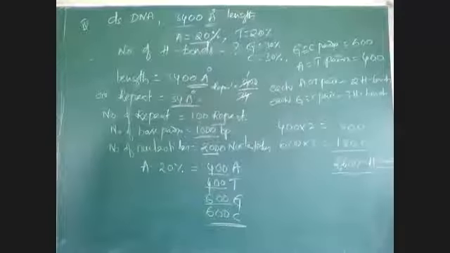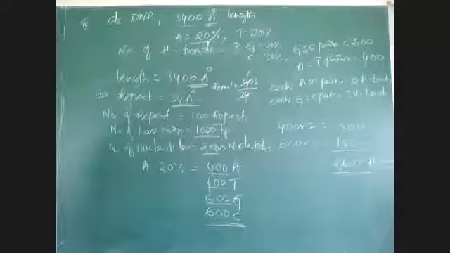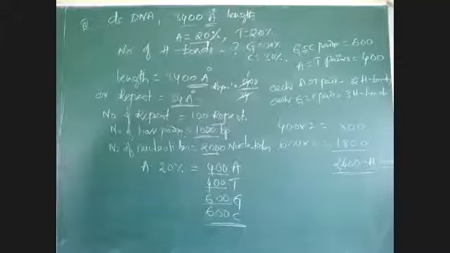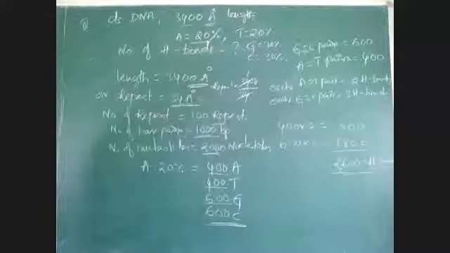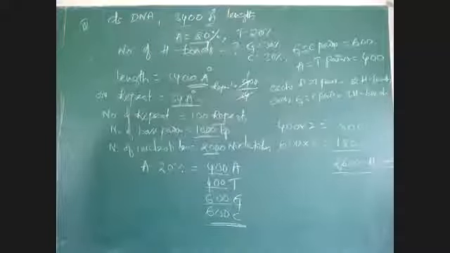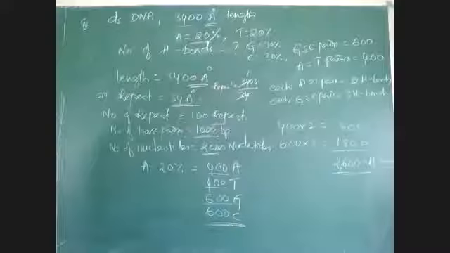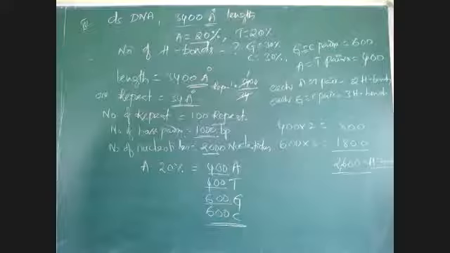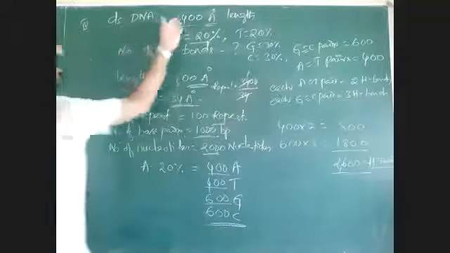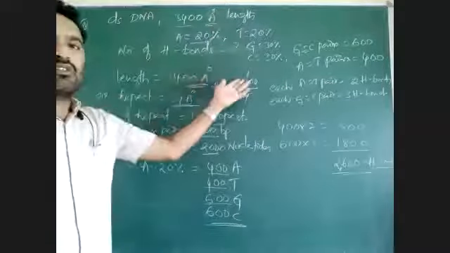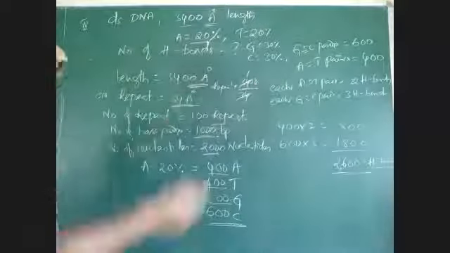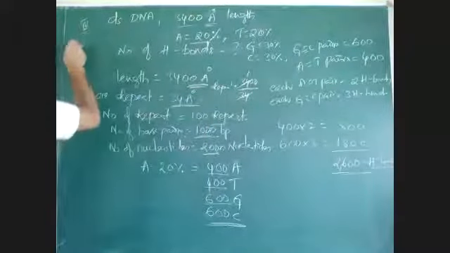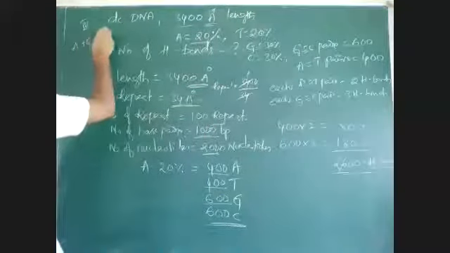Explain how you converted. How I converted? Which one? How I converted percent to percentage? Double stranded DNA, A is equal to T, G is equal to C. A is 20, as I told you previously, A plus G is equal to 50.